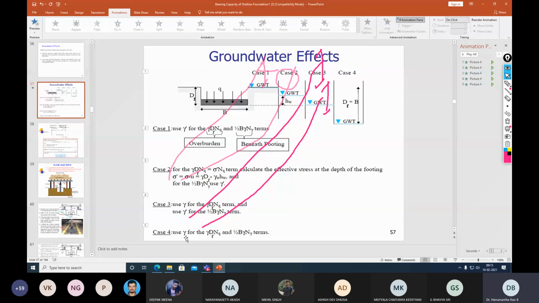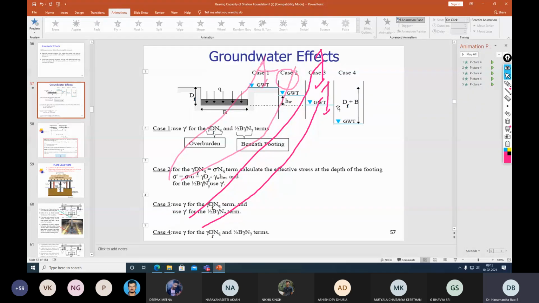If you look carefully, use gamma for the gamma Df Nq and half gamma B N gamma terms, meaning thereby in case 4, where the groundwater table is at a depth of Df plus B, there is no effect of groundwater on the bearing capacity.